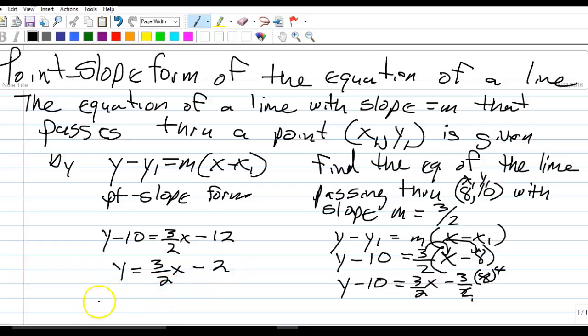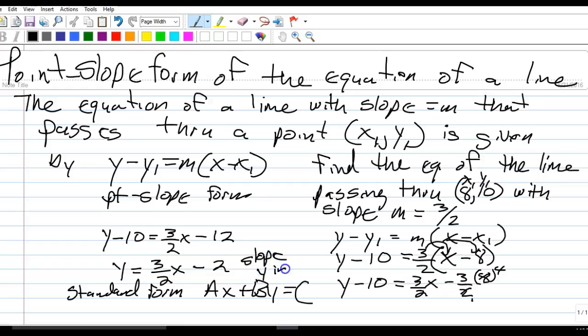Now, the standard form of an equation of a straight line is ax plus by equal to c, where a, b, and c all are integers. In this particular case, this is written in the slope y-intercept form.